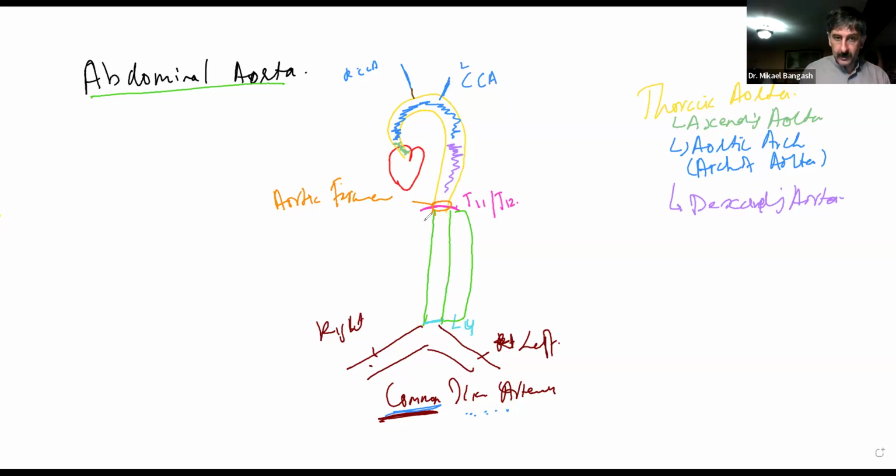So today we mainly are going to focus on the structures that get their blood supply from bigger or smaller branches that branch off the abdominal aorta.